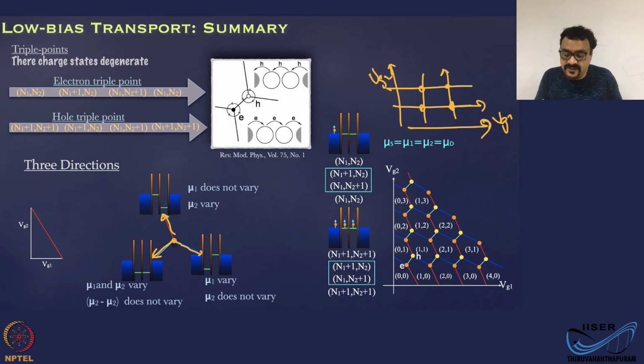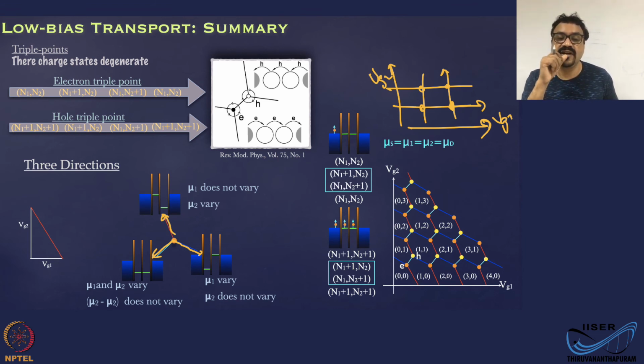For example, if you go through this direction, this red line, you will vary only the potential of dot 2. So now remember, previously you were going perfectly vertical for dot 2, because that is under the assumption that you are not changing anything regarding dot 1.